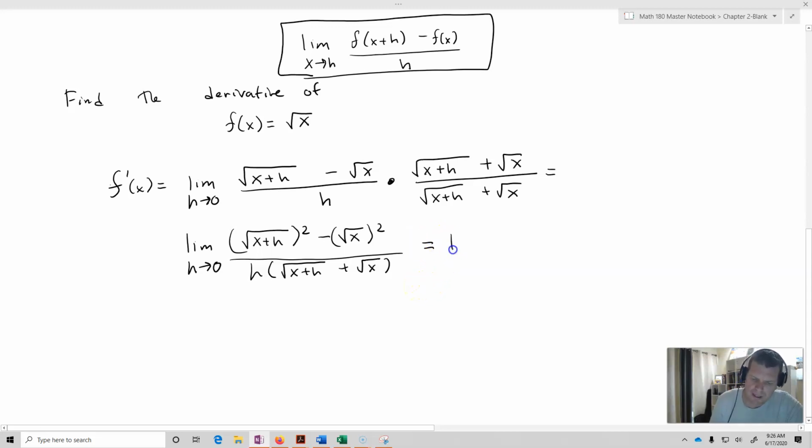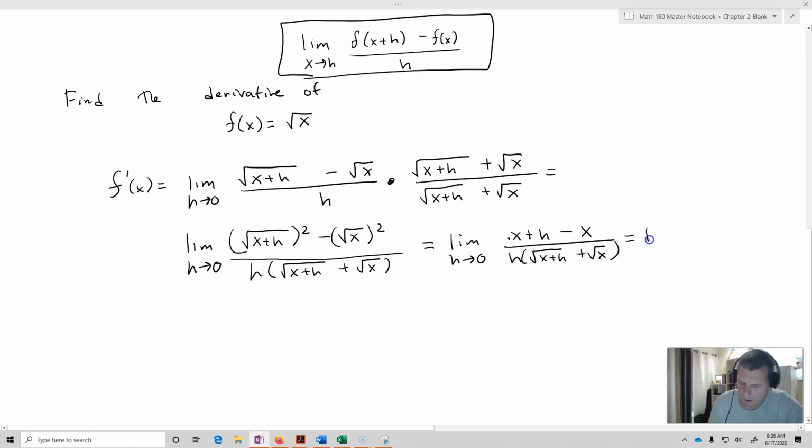So we've got the limit as h approaches 0 of x plus h minus x divided by h times the square root of x plus h plus root x.